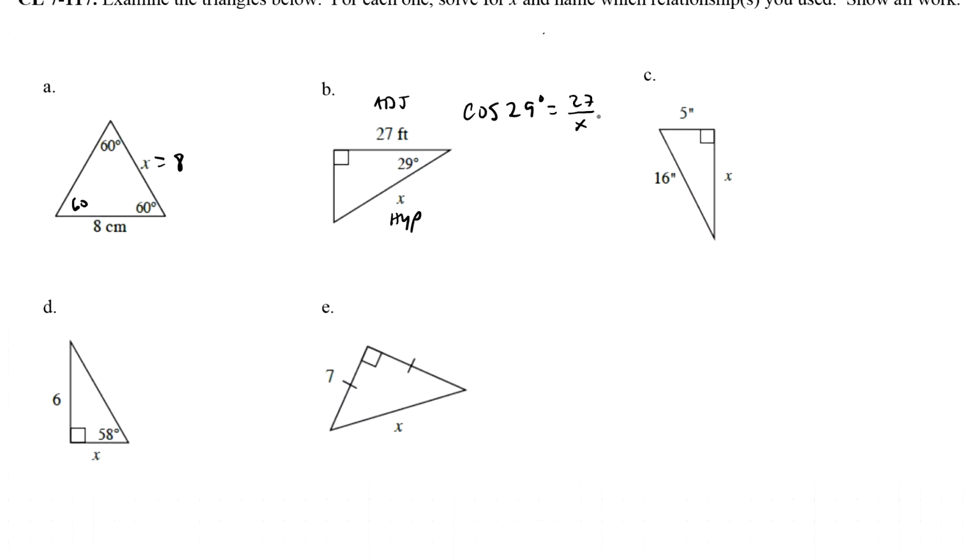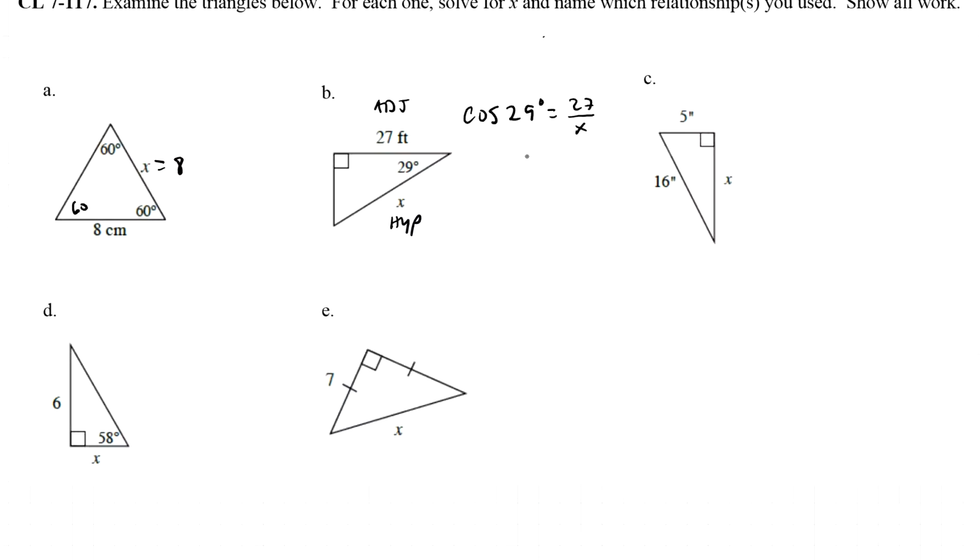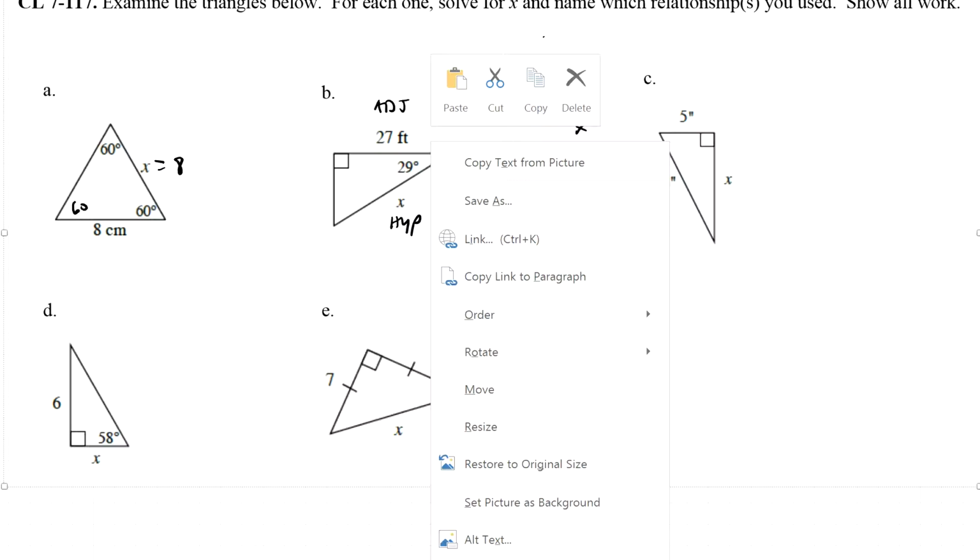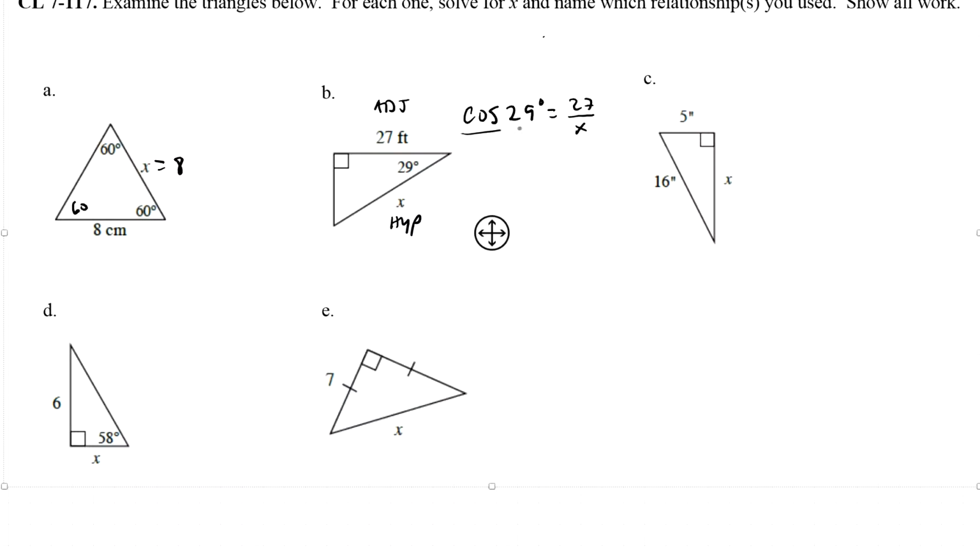And then we can look at it as cosine 29 over 1, and so when you cross multiply you get 27 equals x times cosine 29, and we want to get x by itself, so you divide by cosine 29 on both sides.